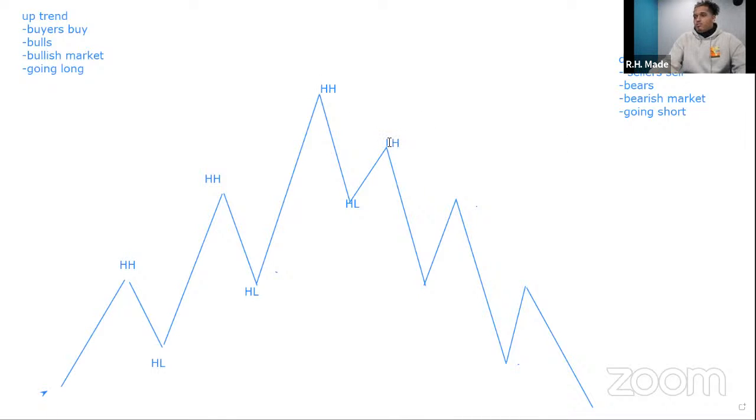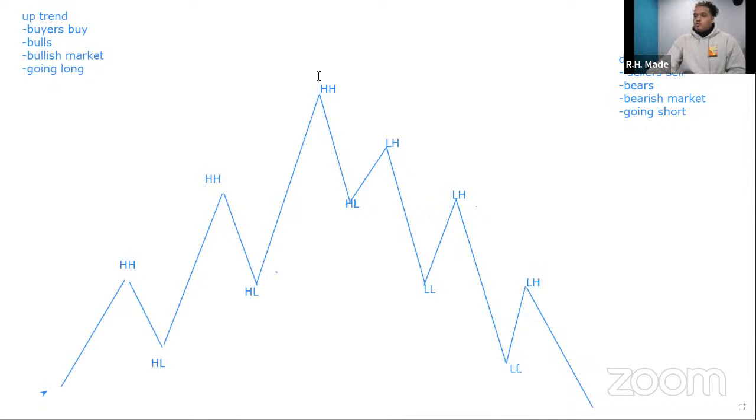Simply, this high point is lower than the previous high point, as you can clearly see. And this low point is labeled a lower low because it's lower than our previous low. This is our lower high, a lower low, and our lower high.